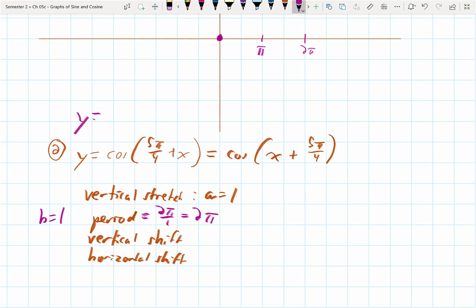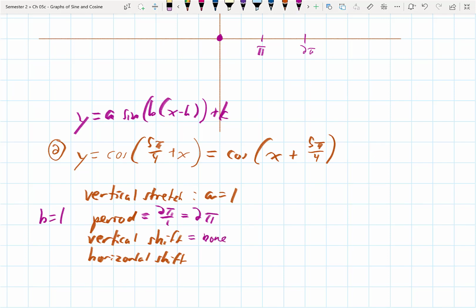Again, we're comparing this to y is equal to a times the sine of b times x minus h plus k. So my vertical shift is what's going on after. It's this right here, plus 0. My vertical shift is 0, so there is none.